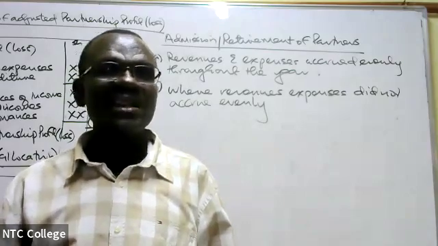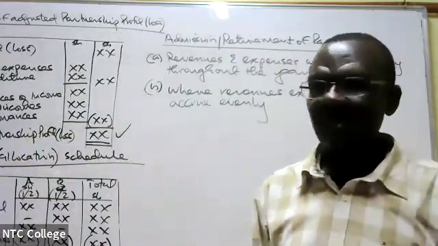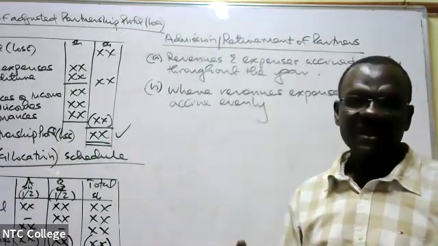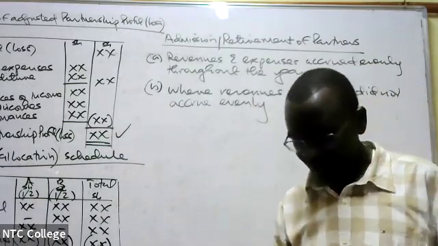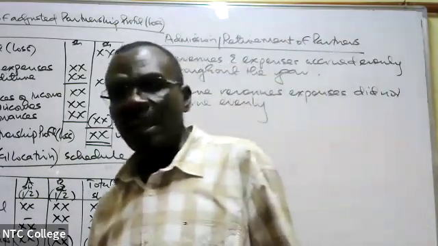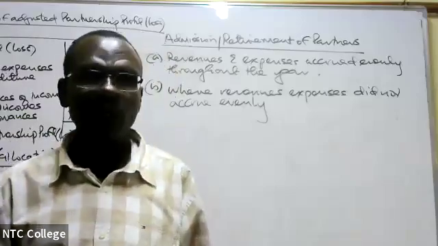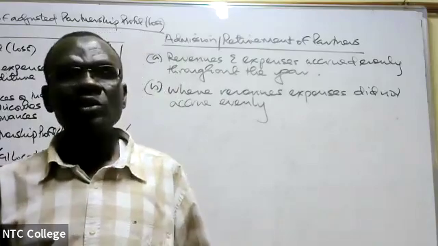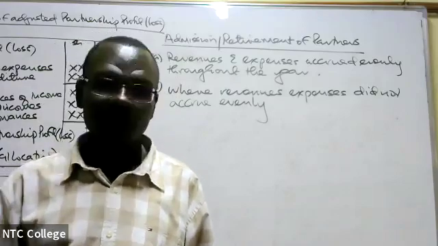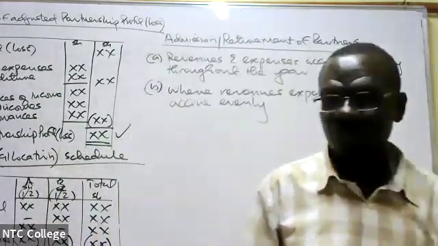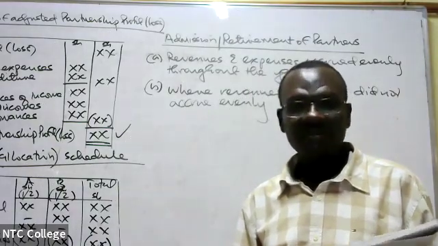We say adjustments must be carried out in the income statement and the distribution schedule to take into account the admission or retirement of partners.